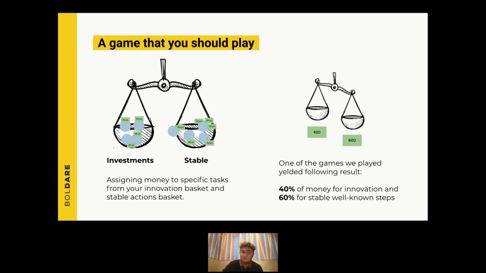So basically these blue circles that you see here will be some ideas. I had to hide them in this example because this is not public information, but you can play around with this yourself or with your team if you make decisions collectively.